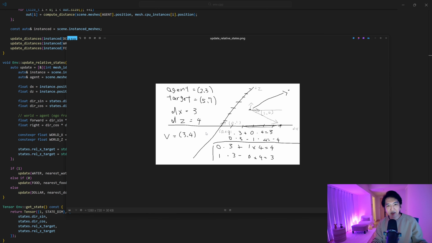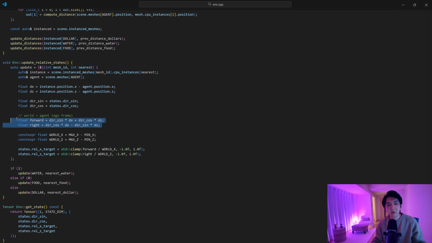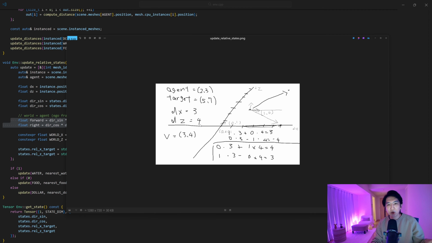So essentially what I'm doing with this code is converting these values from the world coordinate system to the agent coordinate system, so that they are always relative to the AI or agent frame, so that I would avoid the inconsistency.